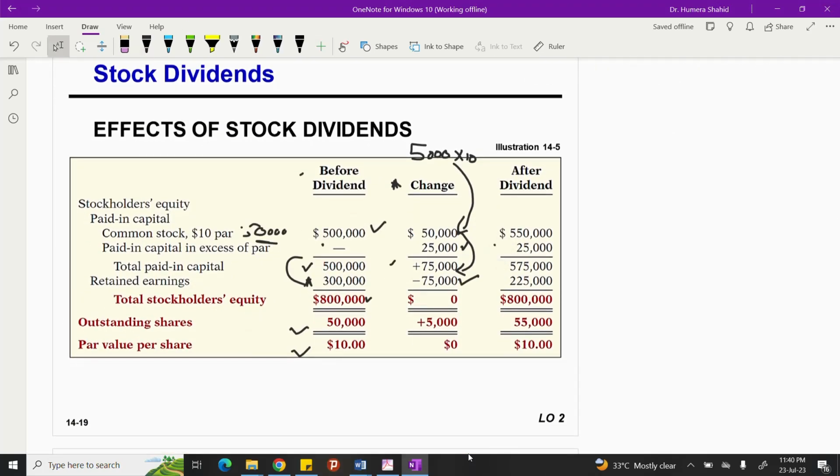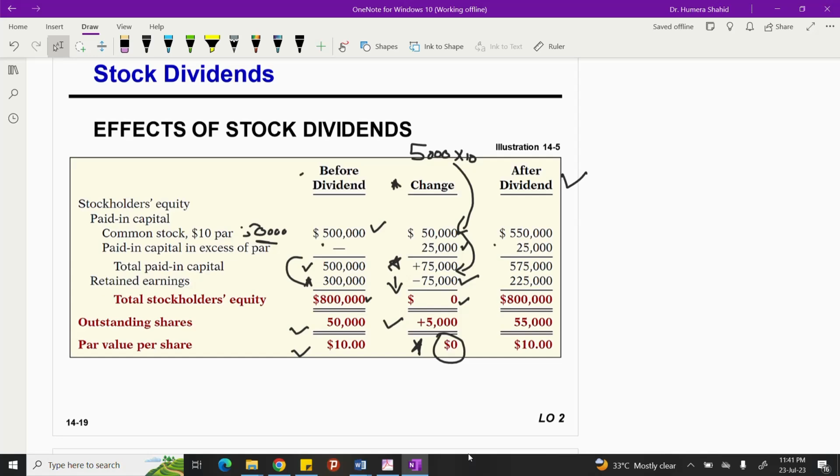So can you see one part of owner's equity is increasing and the other part is decreasing by the same amount. So there is particularly no change overall in the owner's equity section. But yes, we have new shares, 5,000 more in the form of stock dividend, and there is no effect on the par value. Par value is still $10, so that's why I'm saying no change, $0 change.